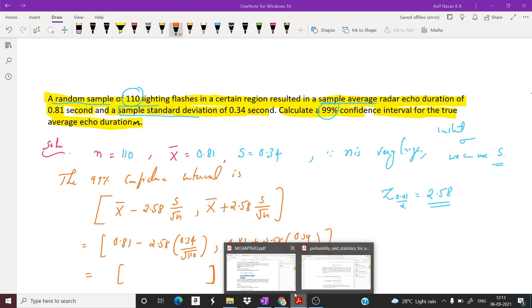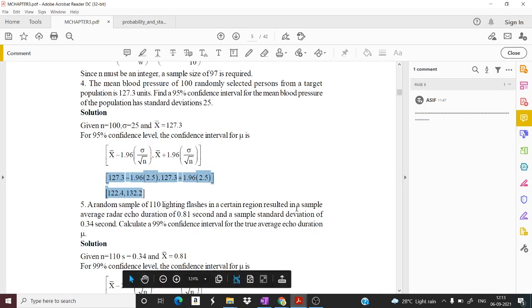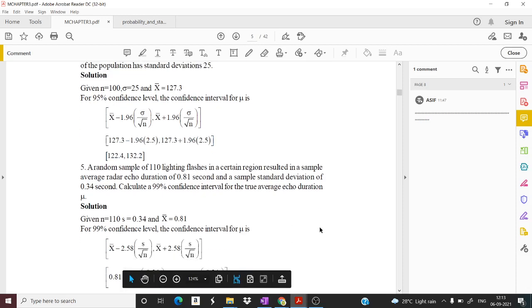I have already calculated this in my notes, and I will share these notes also.